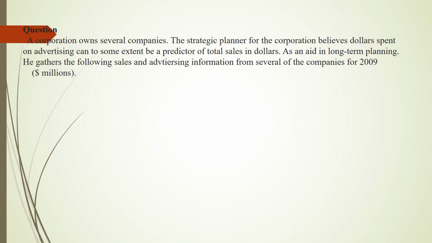If the amount which they spend on advertising increases, then the sale will also increase. Here is the amount which they spent on advertising. Of the several companies, the first company spent $10 million, and as a result their sale is $148 million.